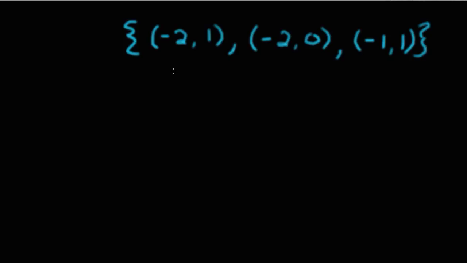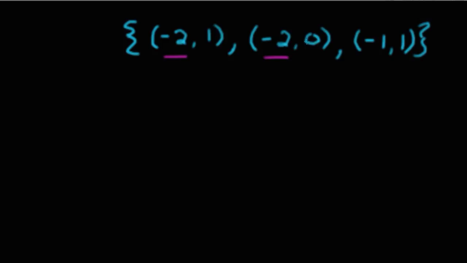Well, based on what we were just talking about, a function is if there's a one-to-one relationship between x and y. And we can see right here, when x is -2, y could be either 1 or y could be 0.